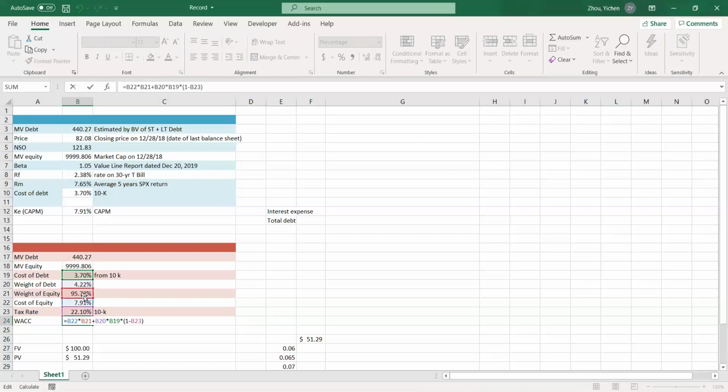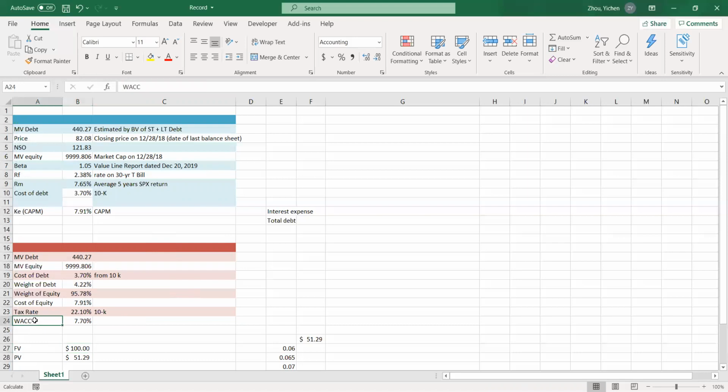We use the cost of equity times the weight of the equity plus the cost of debt times the weight of debt, and we also want to times the 1 minus the tax rate, as I mentioned before, because we want to take the tax out.